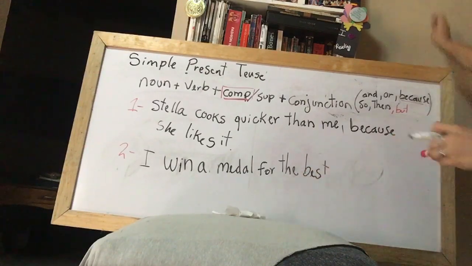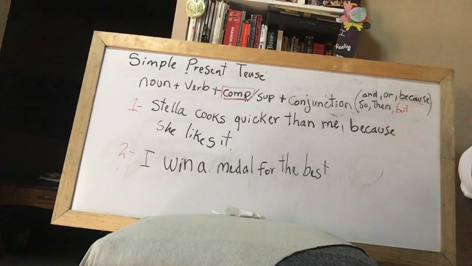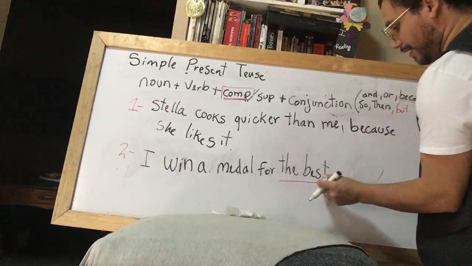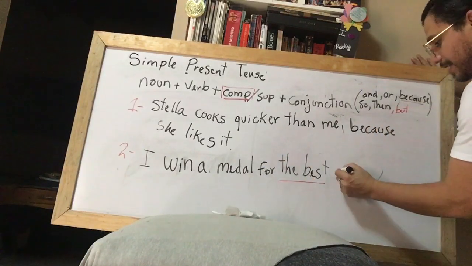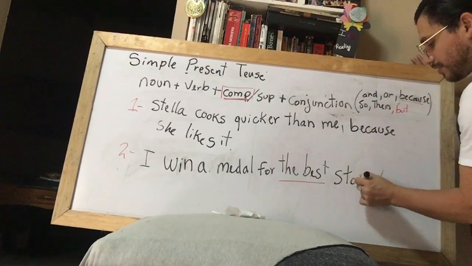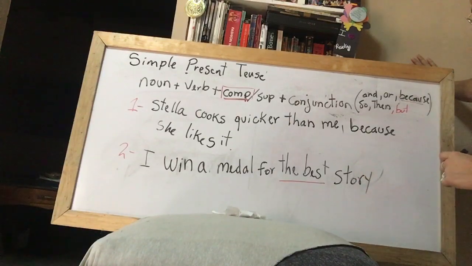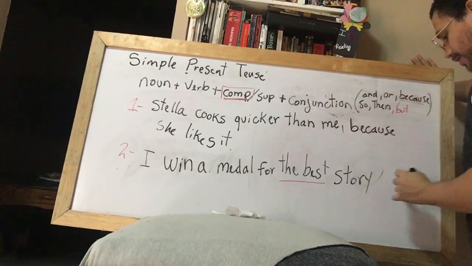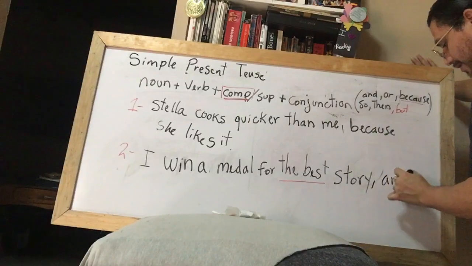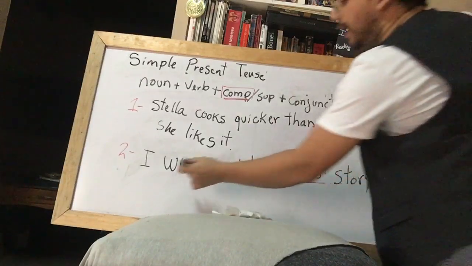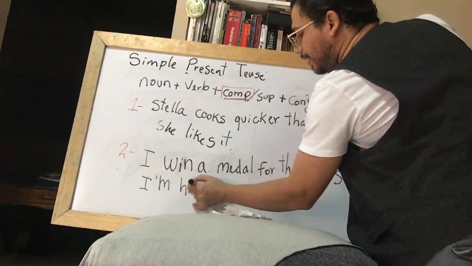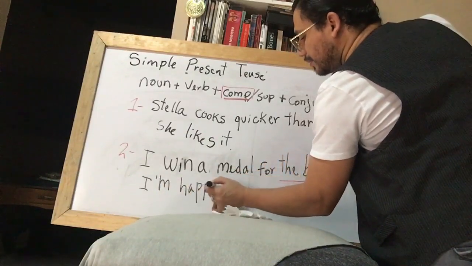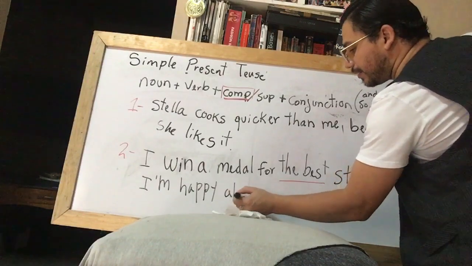So this is already my superlative, the best. Okay? For the best story, because I was writing a story, let's say, and then I choose this one, and I'm happy about it.